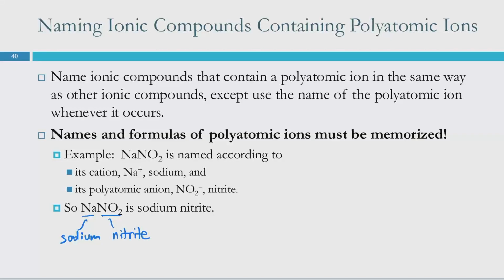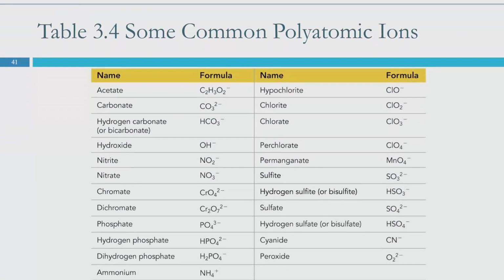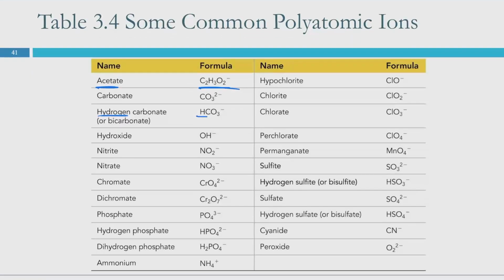There are many polyatomic ions. One large group of them is oxyanions, which I believe I've got slides for, right after this. So some of the common ones that aren't oxyanions, things like acetate, hydrogen carbonate. The hydrogen just means we've got a hydrogen in front of carbonate, also called bicarbonate. That's a common name.